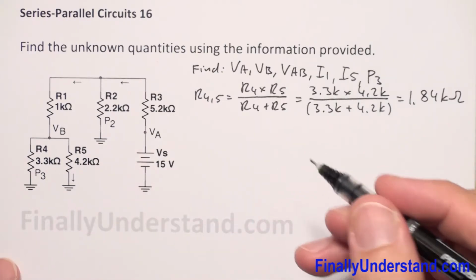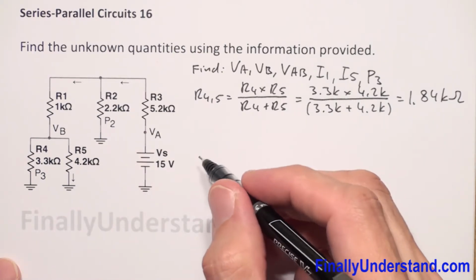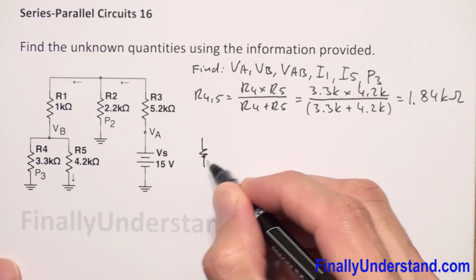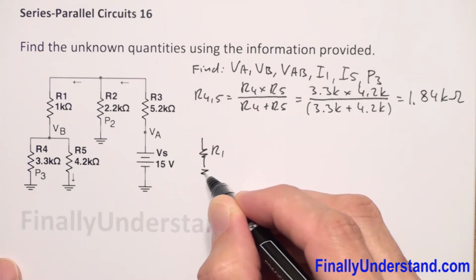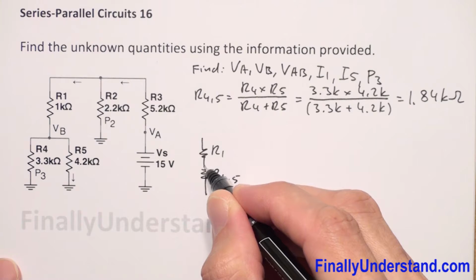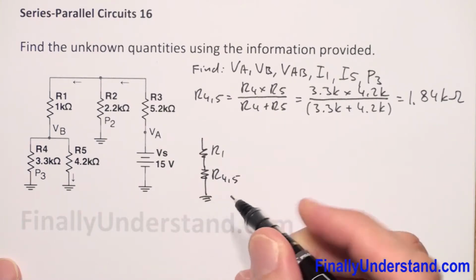Now we can redraw the circuit. The circuit right now is going to look like this. I have simply my R1, and this is going to be my resistor R45. This is my ground.